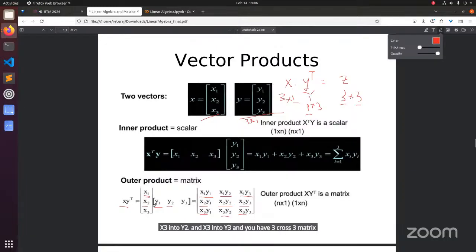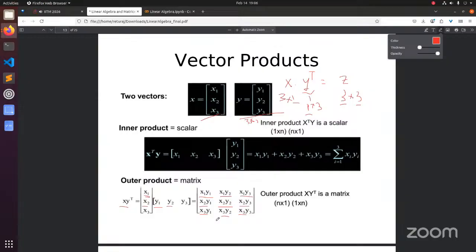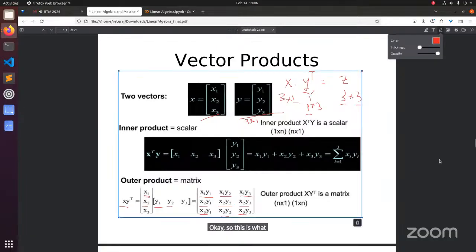This is 3 cross 1, this is 1 cross 3, and it became a 3 cross 3 matrix. Everyone is okay with this? So this is what vector product is.